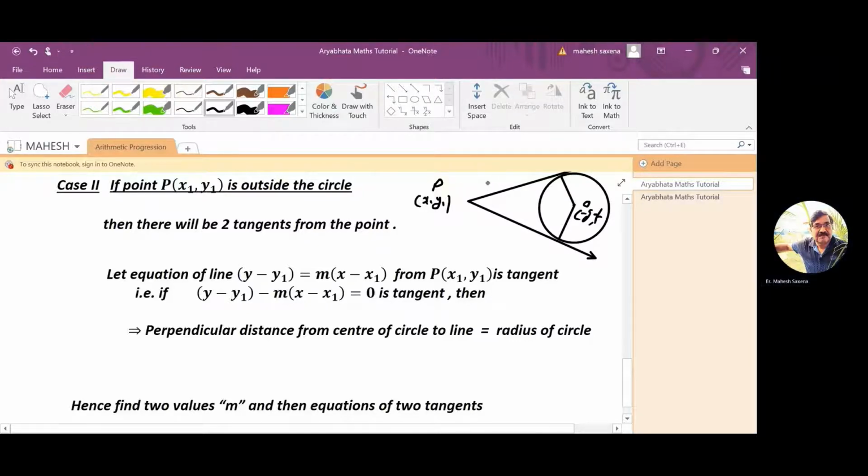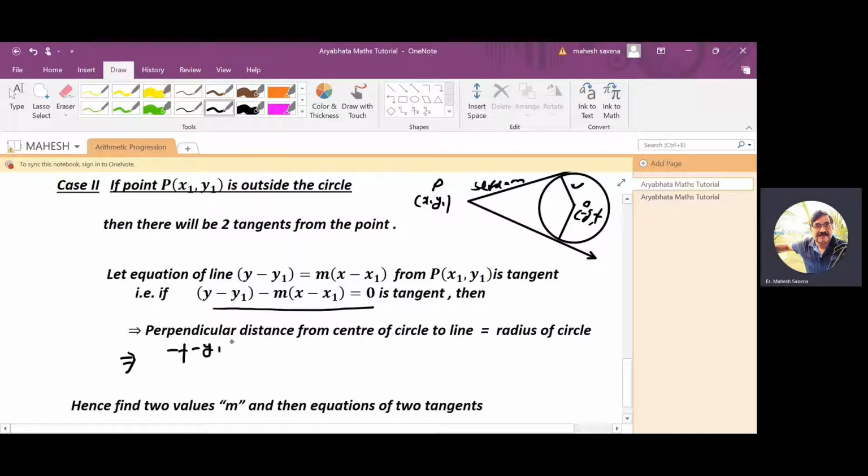Suppose the slope of one tangent is m. Therefore, the equation will be y minus y1 is equal to m(x minus x1). This can be written as (y minus y1) minus m(x minus x1) is equal to 0 is a tangent. Now, if this is a tangent, then the perpendicular distance from the center of the circle to the tangent will be equal to the radius.